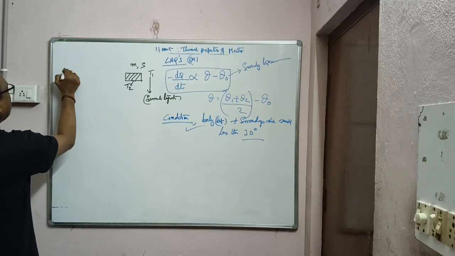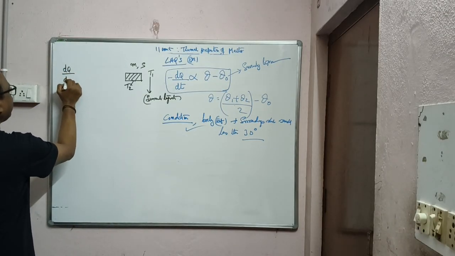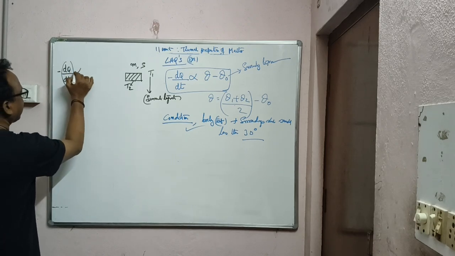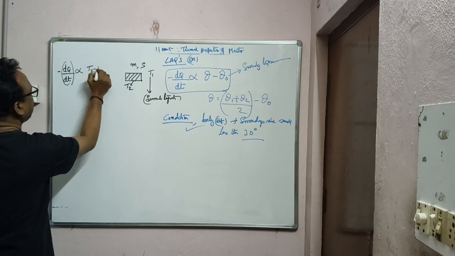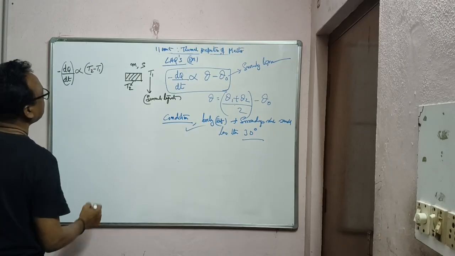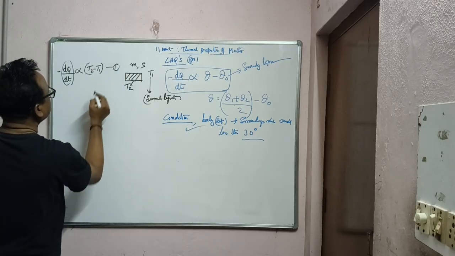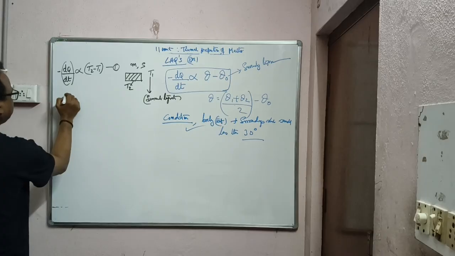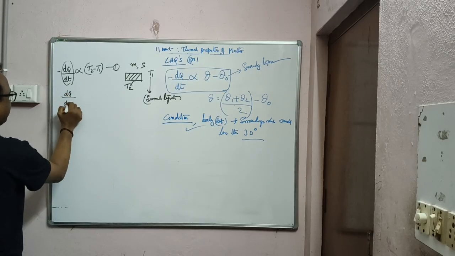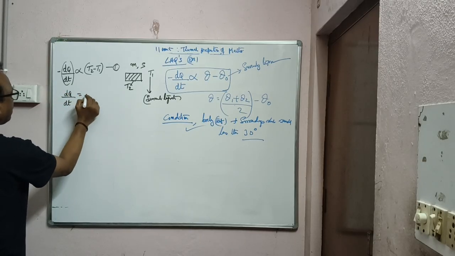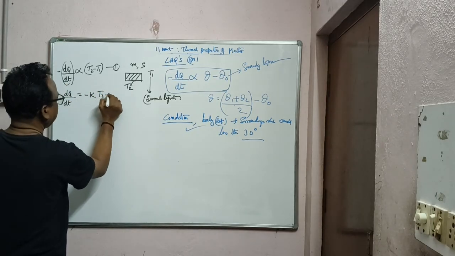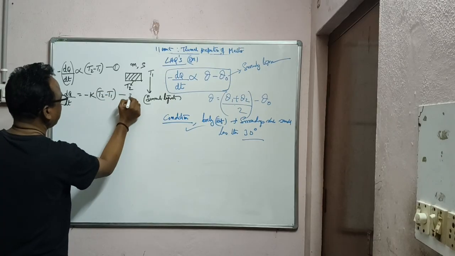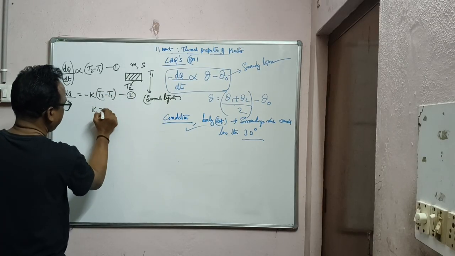What does it say? dq by dt minus, that is the rate of cooling, is directly proportional to the temperature difference, that is T2 minus T1, equation 1. Or I can write dq by dt is equal to minus k, introducing a constant, times T2 minus T1, equation 2. This k is a positive constant.